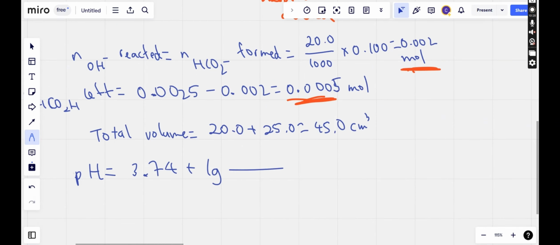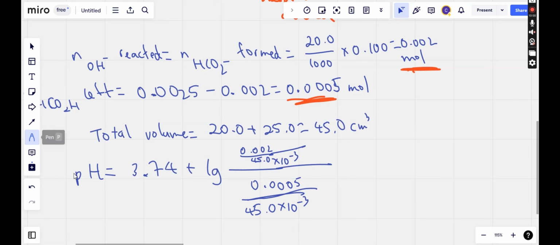On top is your base, so you put 0.002 divided by the total volume, 45.0 times 10 to the power negative 3, to save space. Divided by 0.0005 divided by 45.0 times 10 to the power negative 3, to convert cm cube to dm cube.